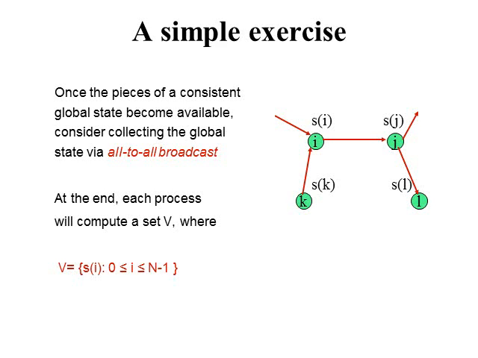So V is the set of states, S of I, that corresponds to each and every process in the distributed system. In the following slide, we are going to take a closer look at the all-to-all broadcast algorithm and the assumptions we make for the algorithm.